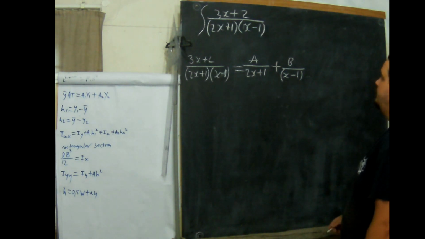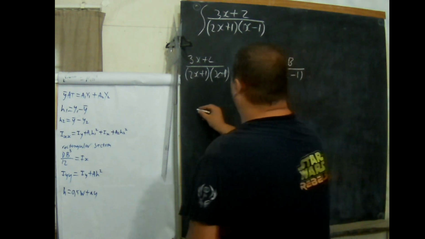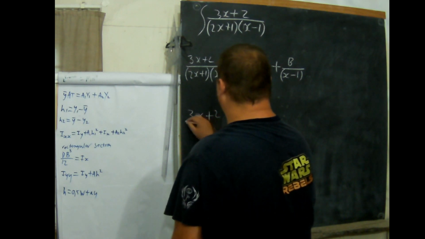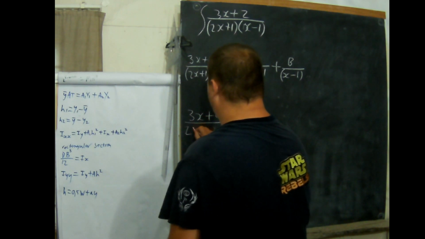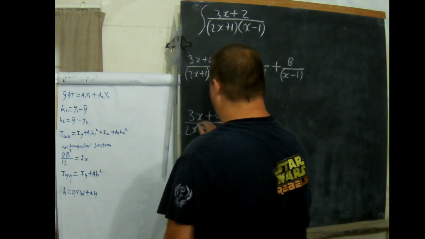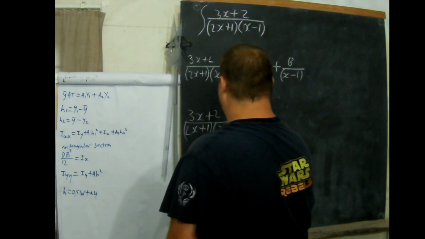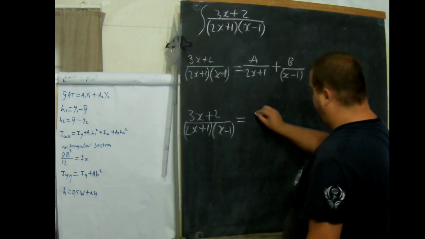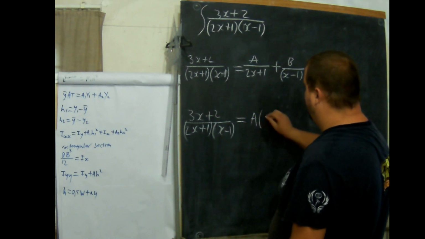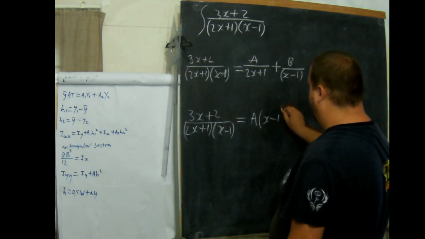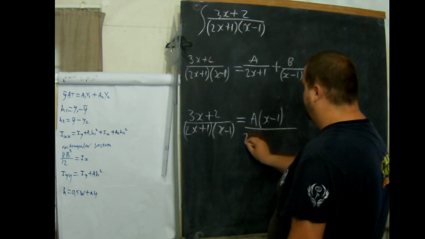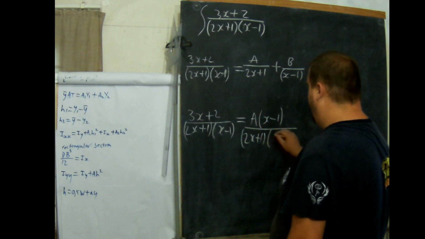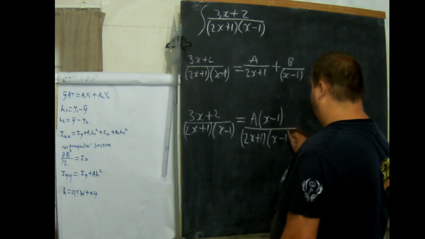So we say (3x + 2) over (2x + 1)(x - 1) equals A(x - 1) over (2x + 1)(x - 1).